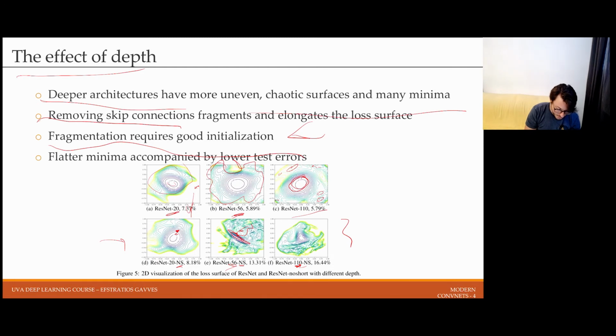Another interesting element here is that with deeper layers we observe lower and lower rates. So indeed depth does make a big difference, and we observe that flatter minima are associated with lower test error. So converging to flat solutions is actually a good thing to have.